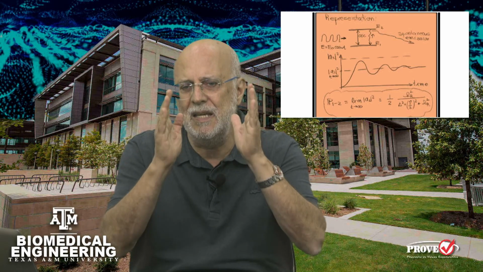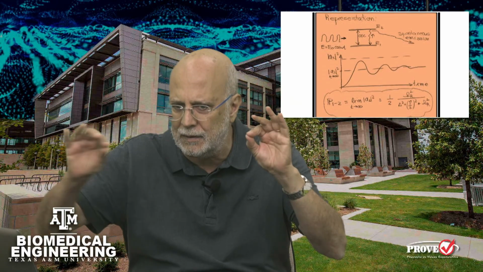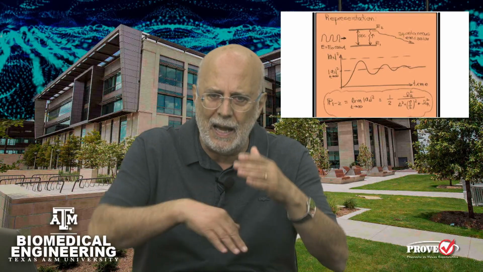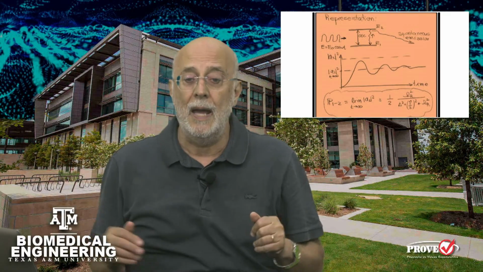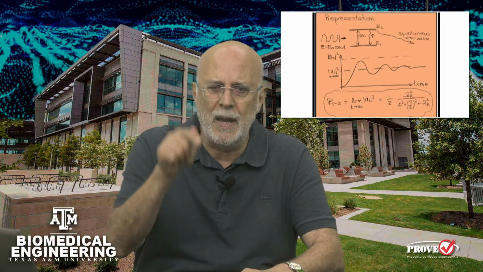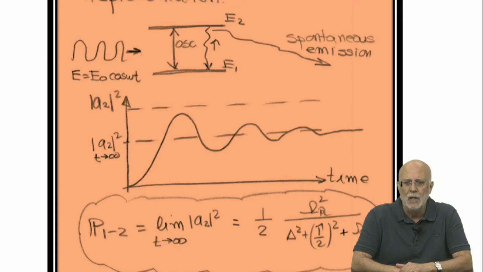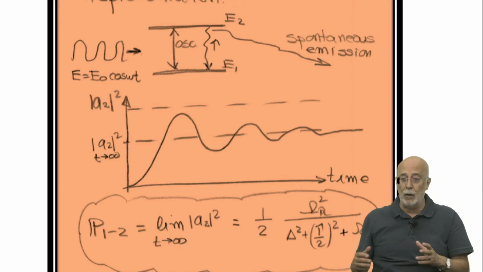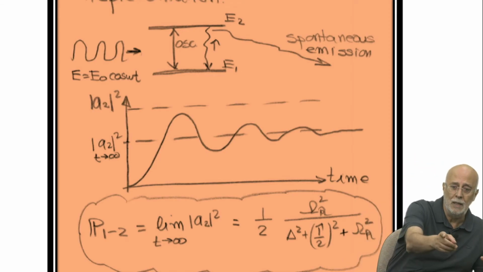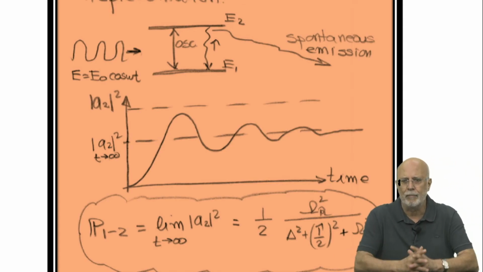Whatever this A2 square value turns out to be in the long term, I turn on the light, there is a fast oscillation, and the probability that the energy is coupled to that level, that you make a measurement and find the system in level 2, is given by this expression that we can also obtain. Remember, this is what we call a full Lorentzian shape.